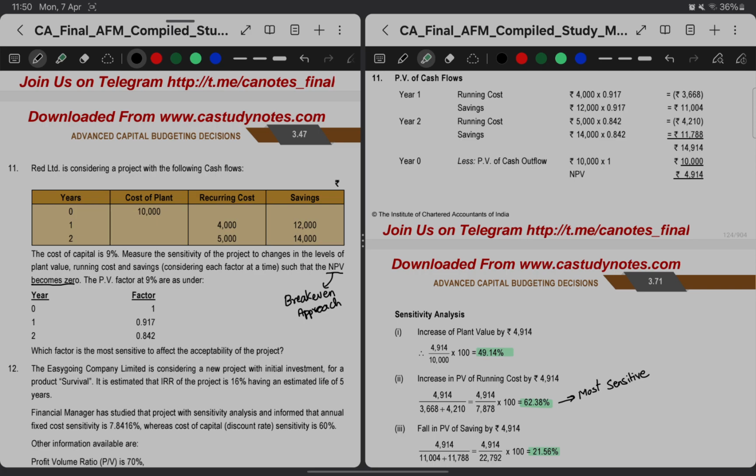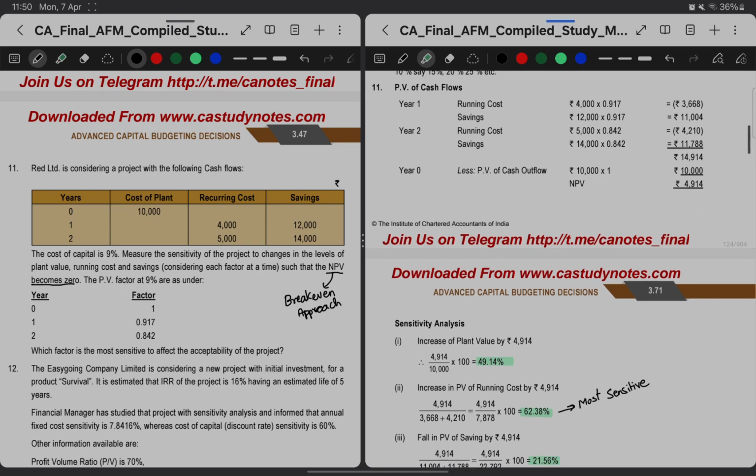Then we will compare it with the current values and find out how sensitive it is through a percentage. The more the percentage, the more sensitive the project is. So going to the solution, to calculate the sensitivity we need a base.